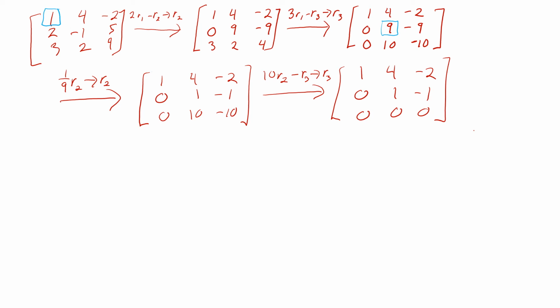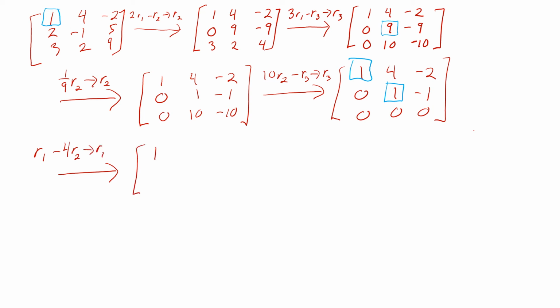So now I have my leading entries. The Gauss-Jordan method says get rid of the numbers above your leading entries. So now I'm going to do row 1 minus 4 row 2 as my new row 1.